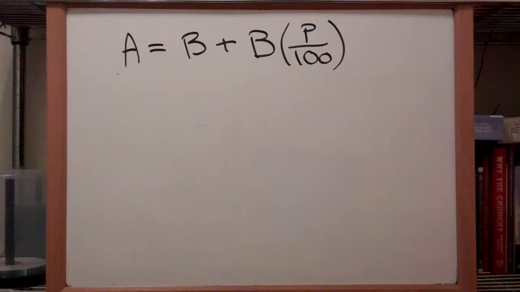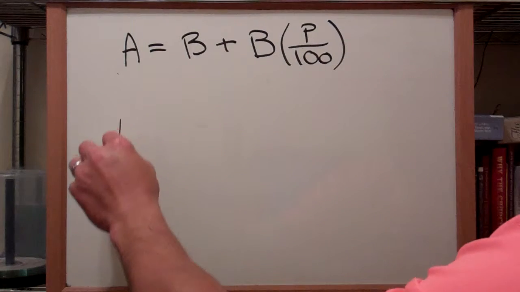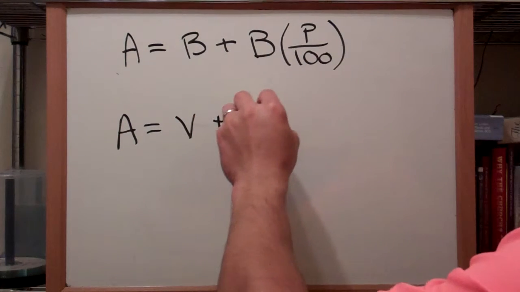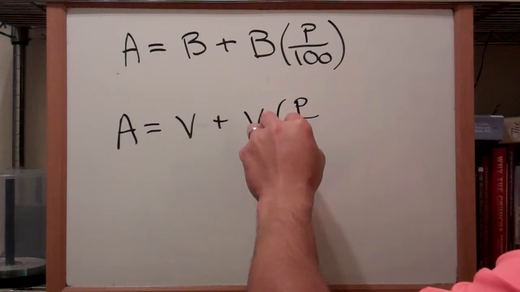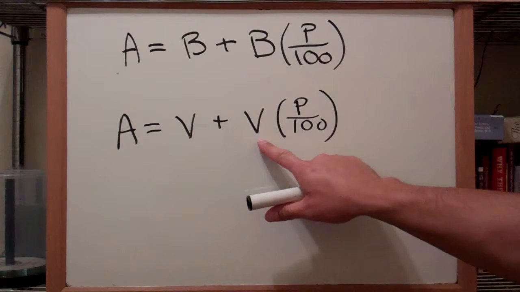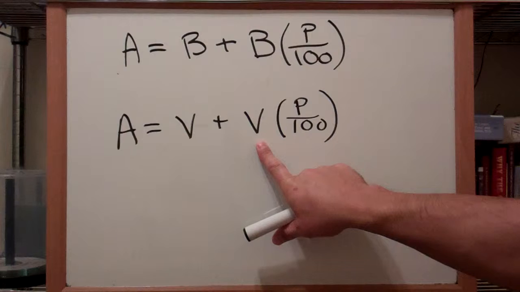In this case we're buying a TV, so we could say A equals V plus V times P over 100, and V here would stand for the price of the TV before taxes.